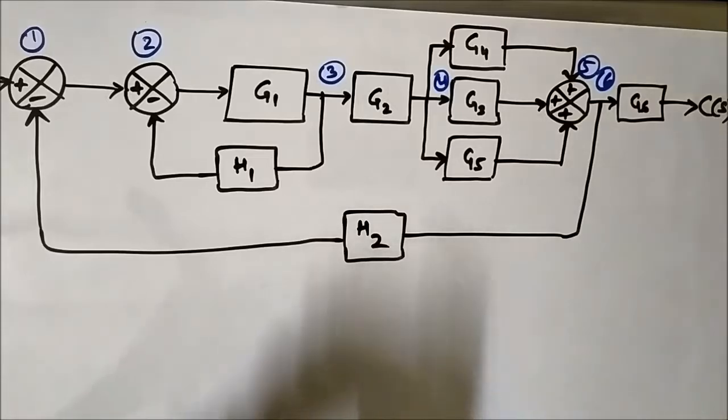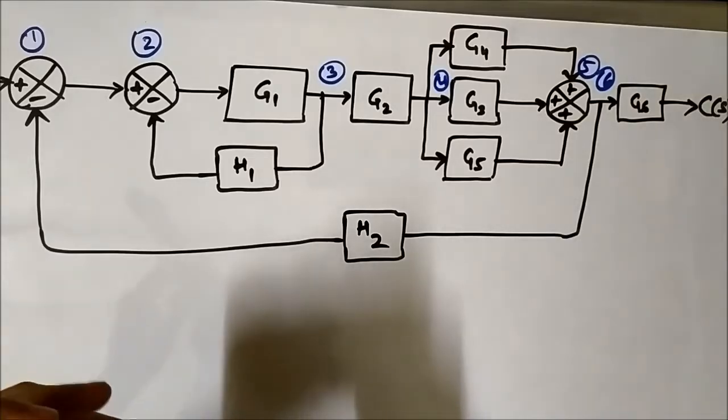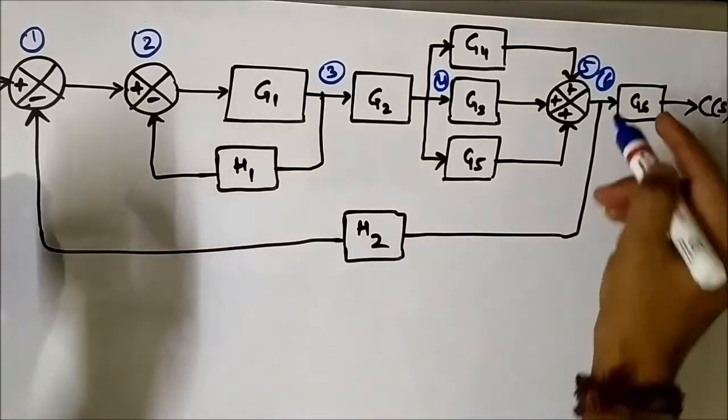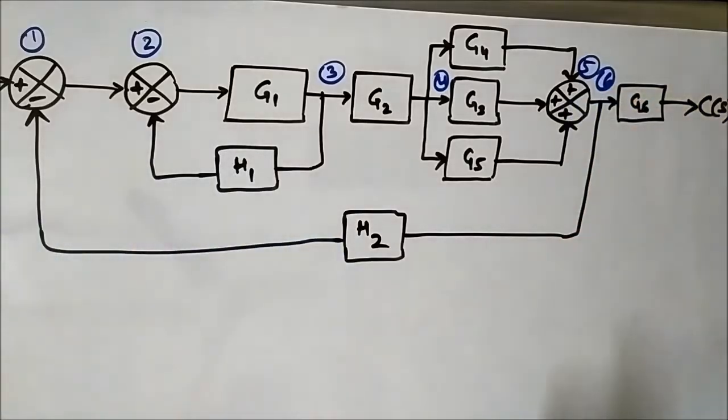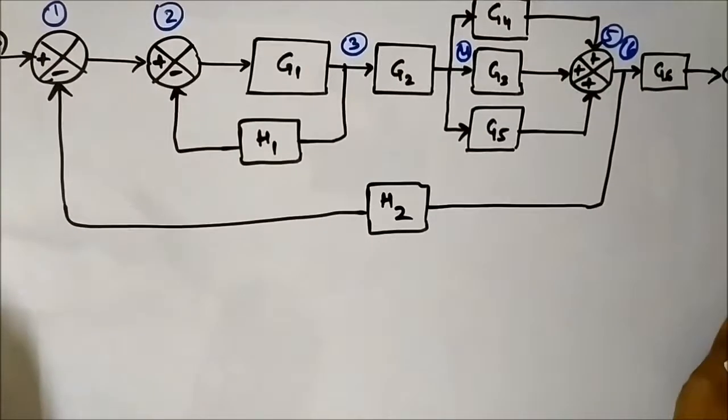I generally take them as two separate nodes to avoid confusion. So here we have taken this summing point and this takeoff point as two separate nodes. And then the output node here is C(s), and here the input node is R(s).